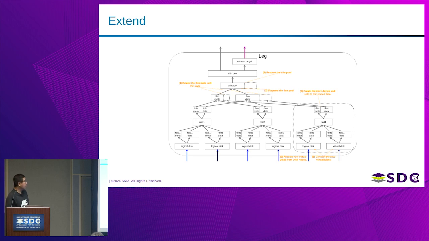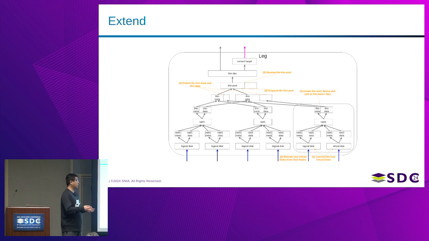Next one, extend. When a virtual device has more snapshots, they will occupy more disks. So for example, we want to create a 100 gigabyte disk.